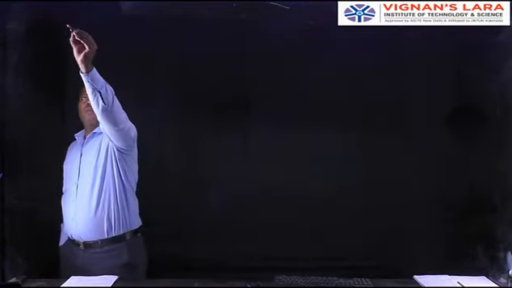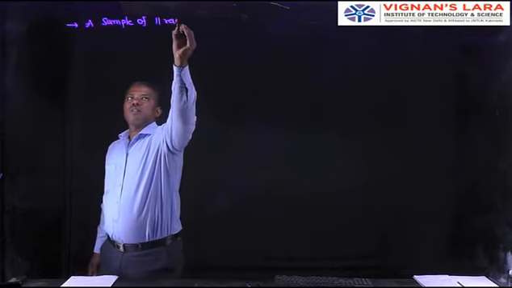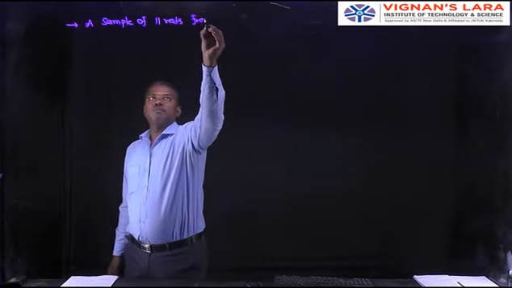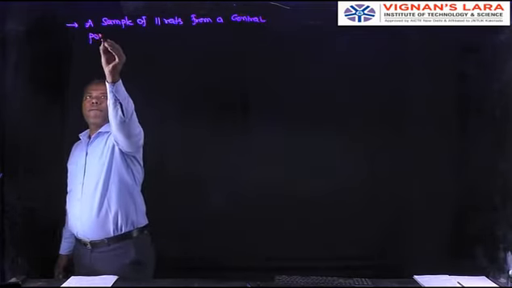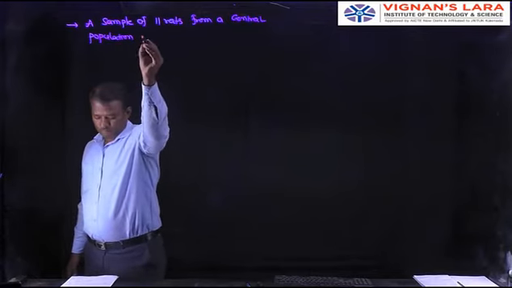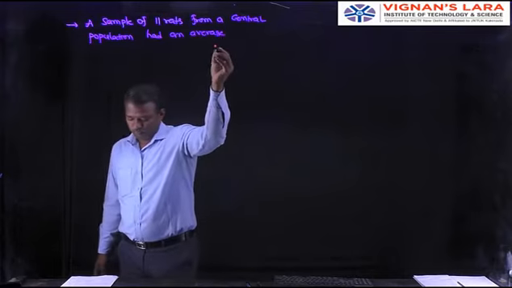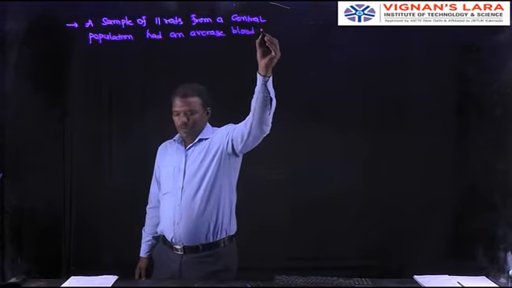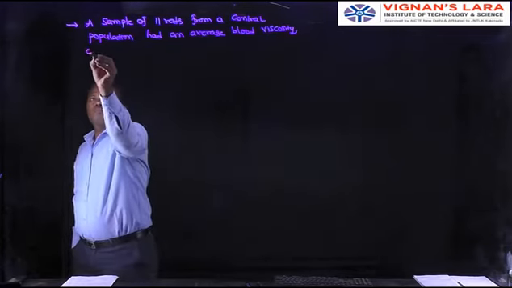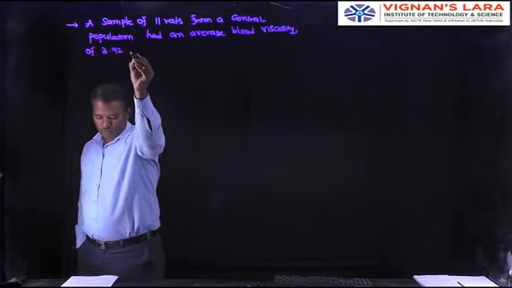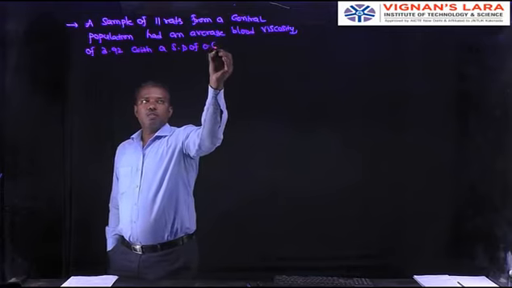The next problem: a sample of 11 rats from a certain population had an average blood viscosity of 3.92 with an SD of 0.61.